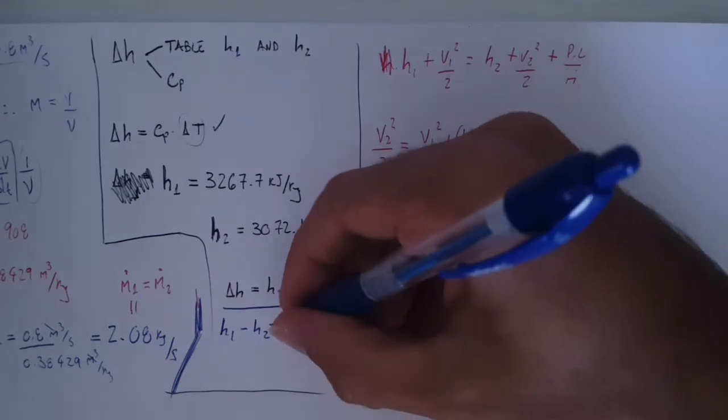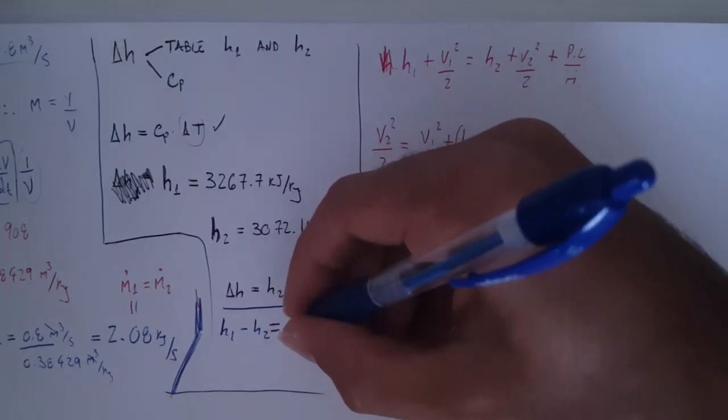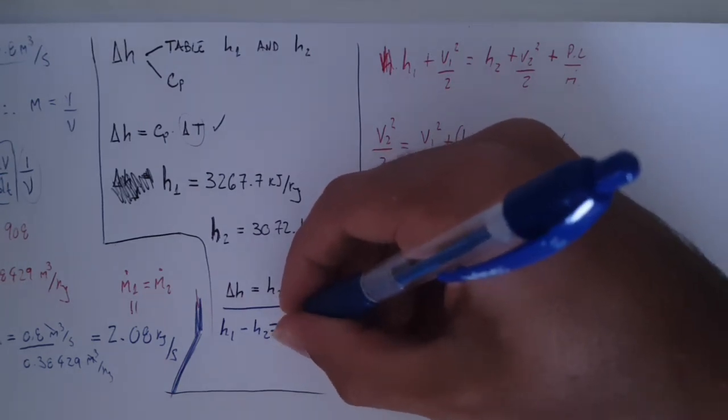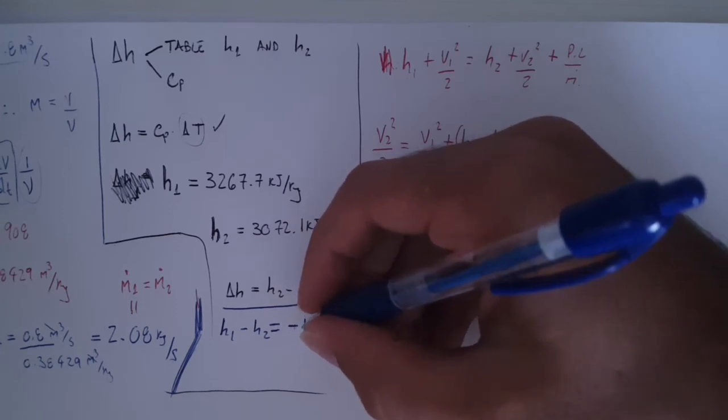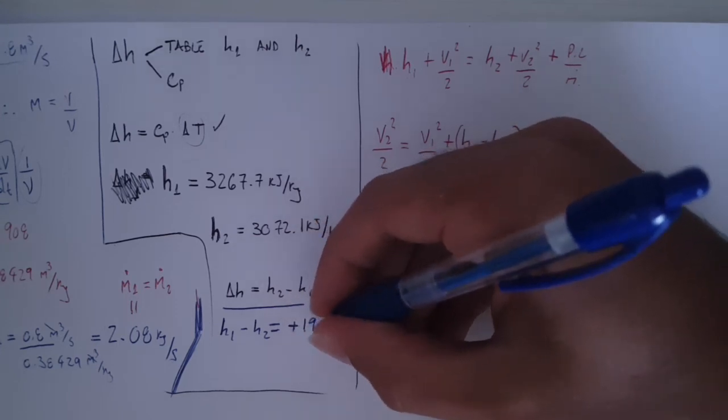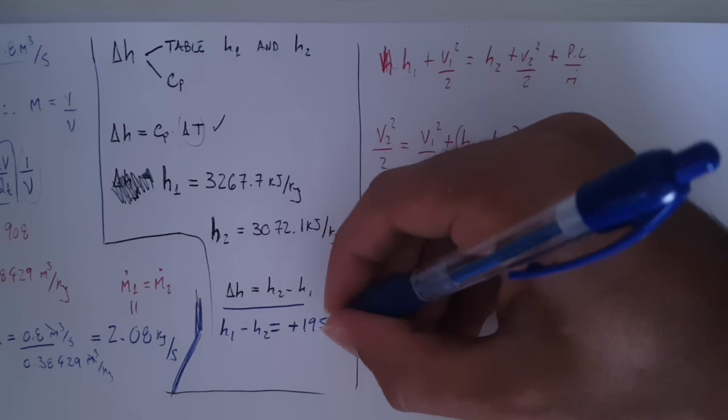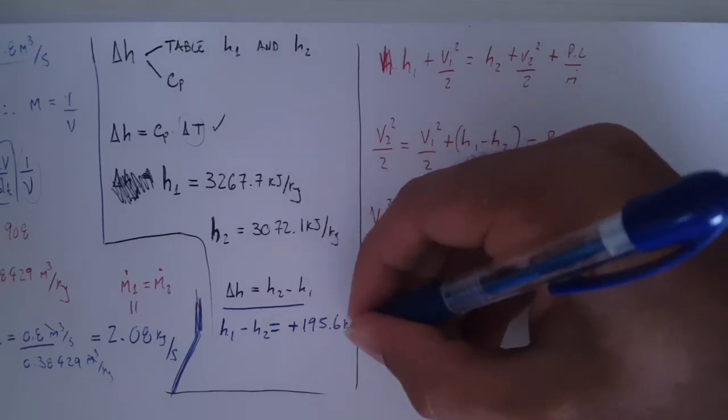That's going to be positive 195.6, right? That's kilojoules per kilogram.